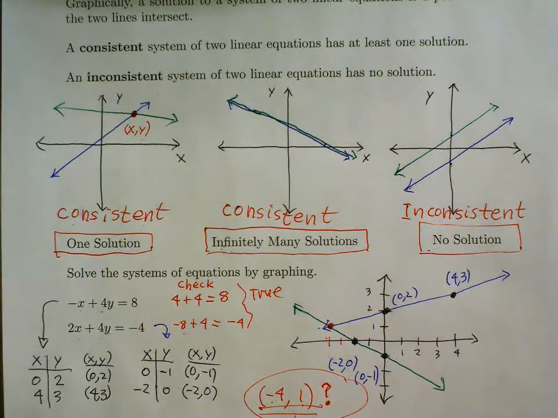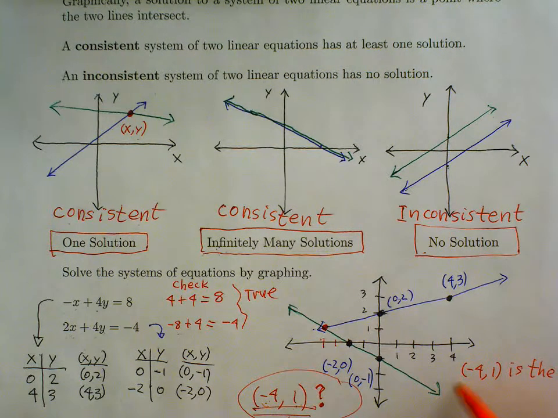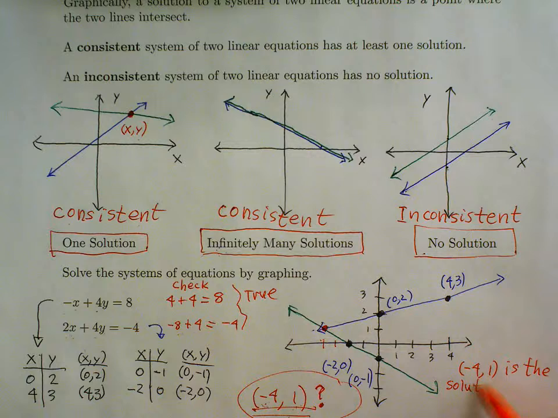Okay, so those are all synonymous. -4, 1 is the point where the 2 lines intersect, and -4, 1 is the only solution to the system.